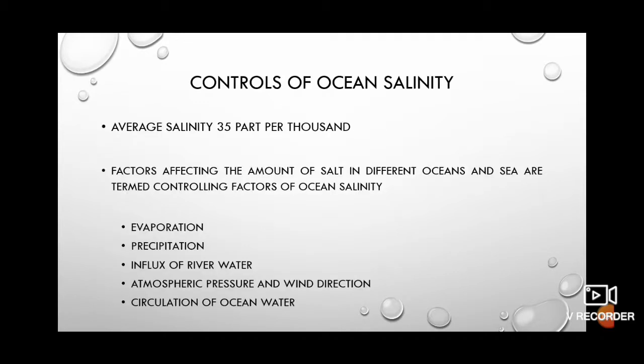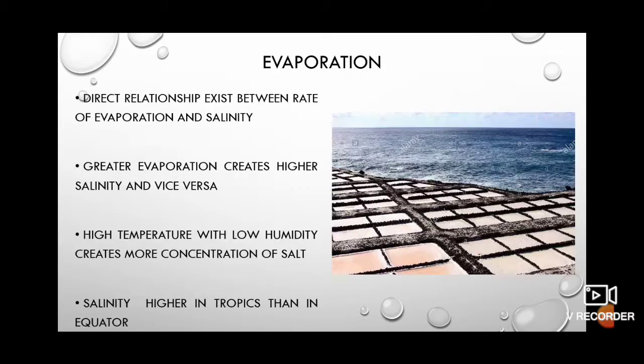Let's look into the factors that influence the salinity of ocean water. The factors that affect the amount of salt in seawater always differ from one ocean or sea to another, and we call them controlling factors of ocean salinity. So which are the major controlling factors? Evaporation.